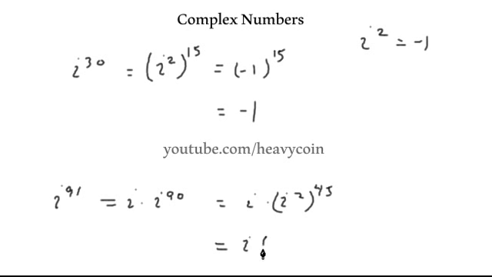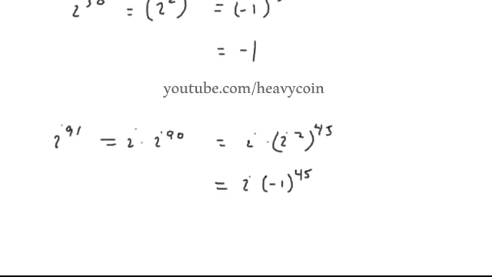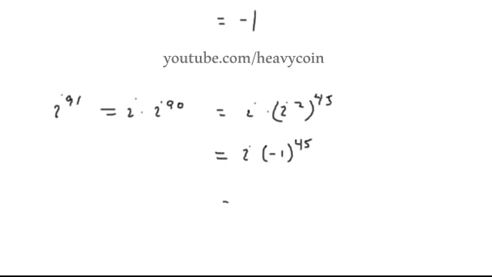So we have i times, and i raised to the second power is -1, remember? And of course that's an odd number, and so that becomes a -1. So we end up with -i. I want to bring that negative over to the left.